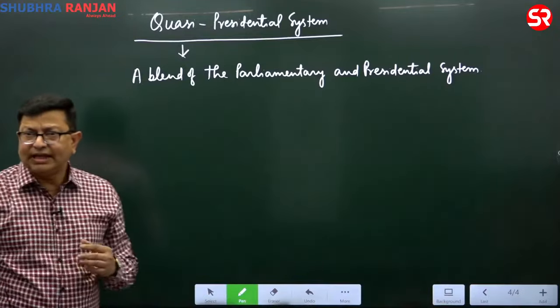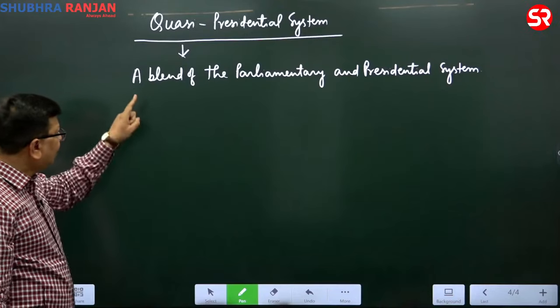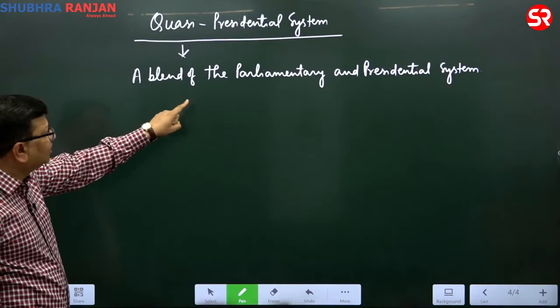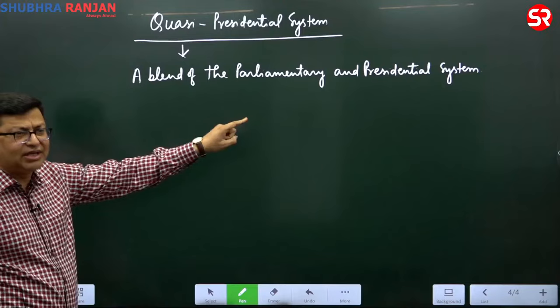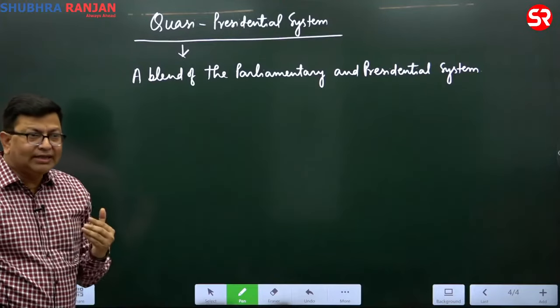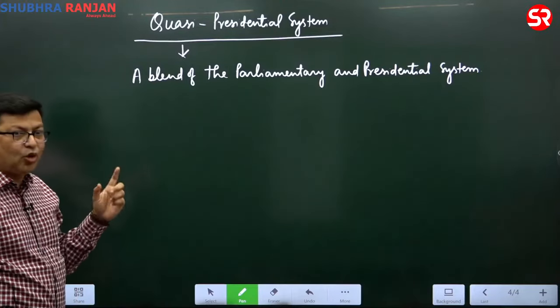Then the question arises that if it is a blend of both the parliamentary system and presidential system, why is it not termed as quasi-parliamentary?